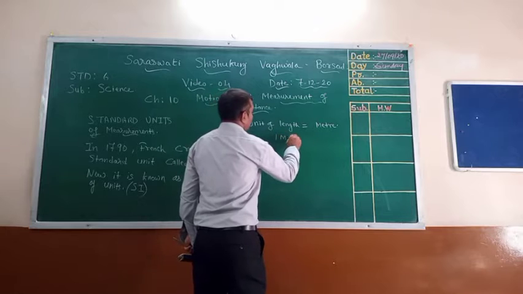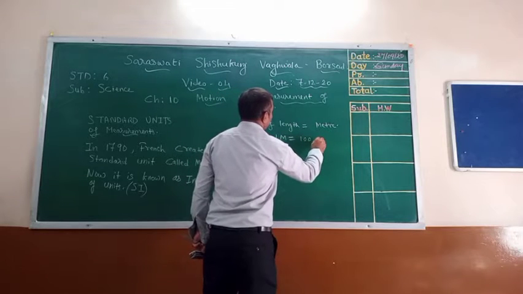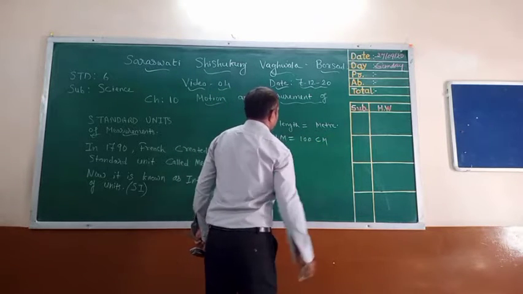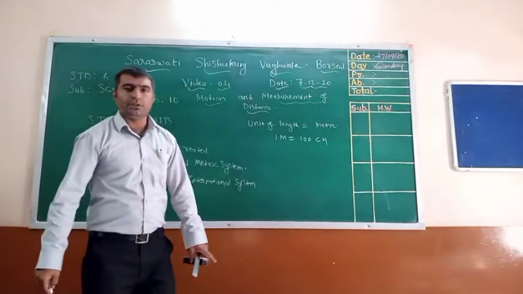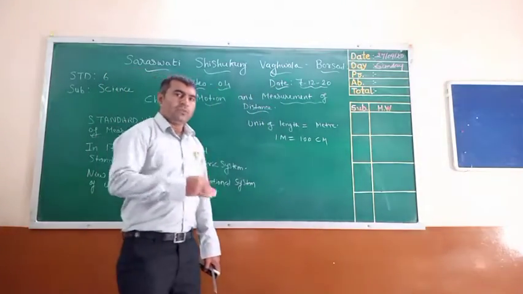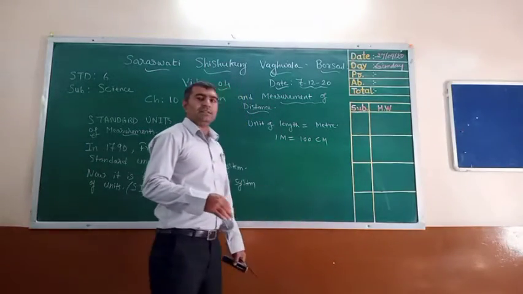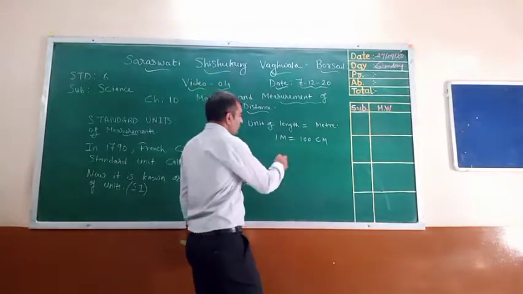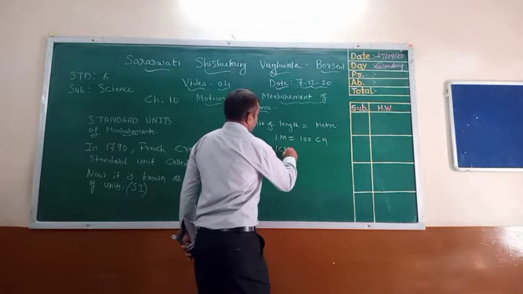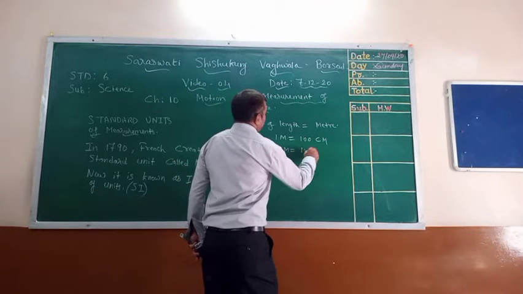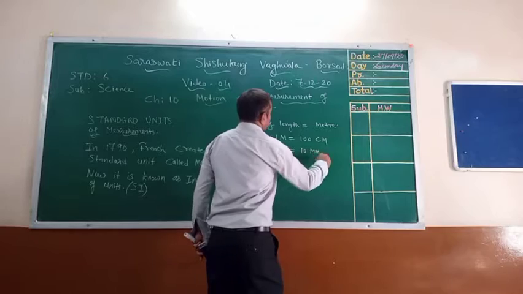We have one more subunit of centimeter, and that is millimeter. So 1 centimeter is equal to 10 millimeter, and it is written as mm.